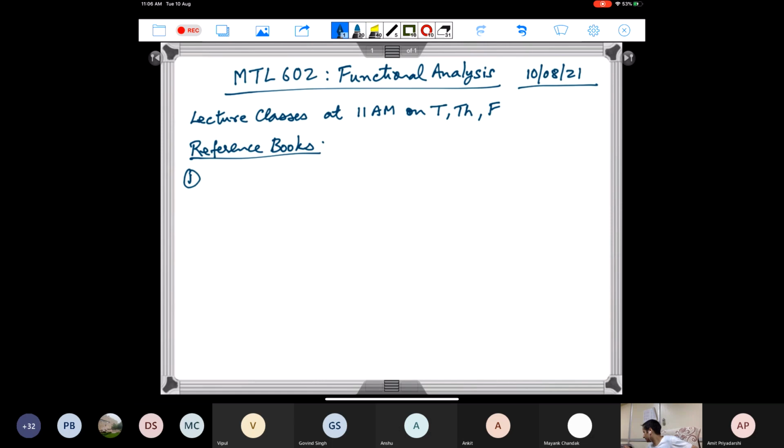There are many good books on functional analysis, but this is the introductory course, so I'll be trying to follow mainly from two books.